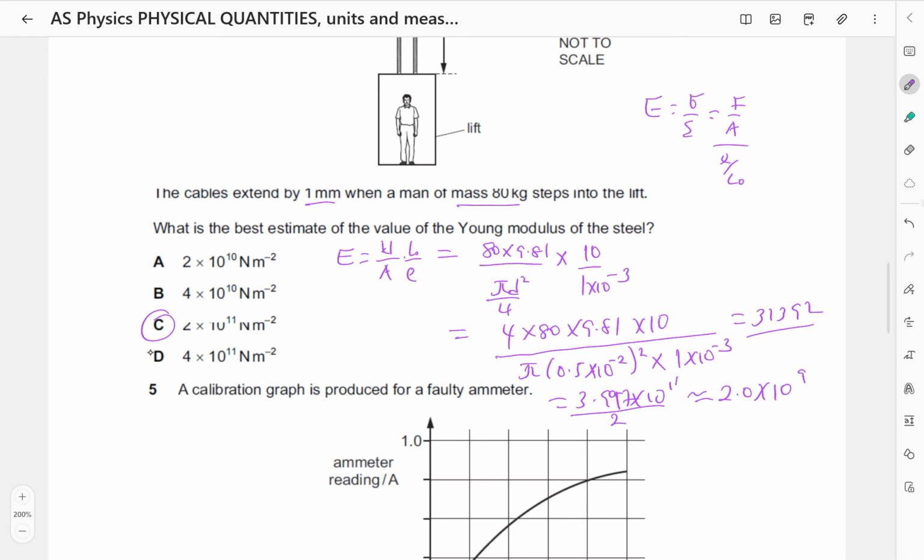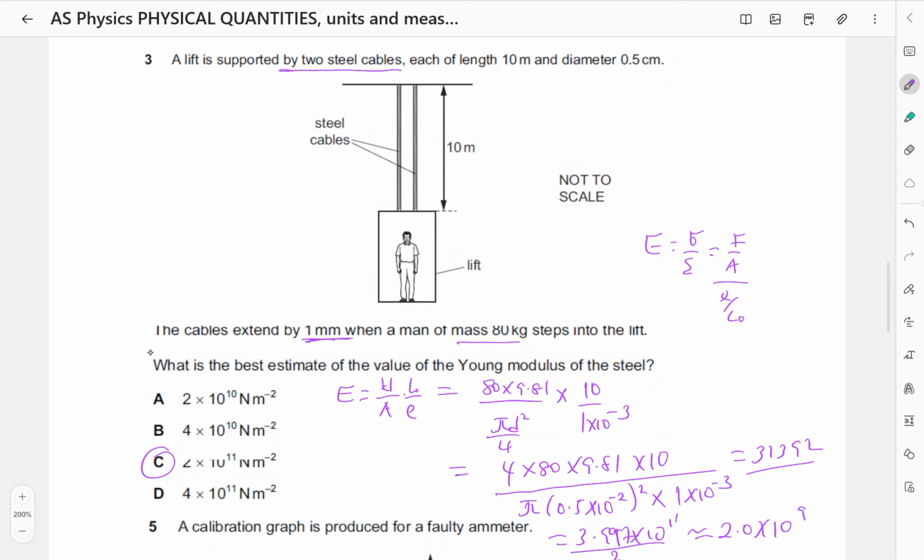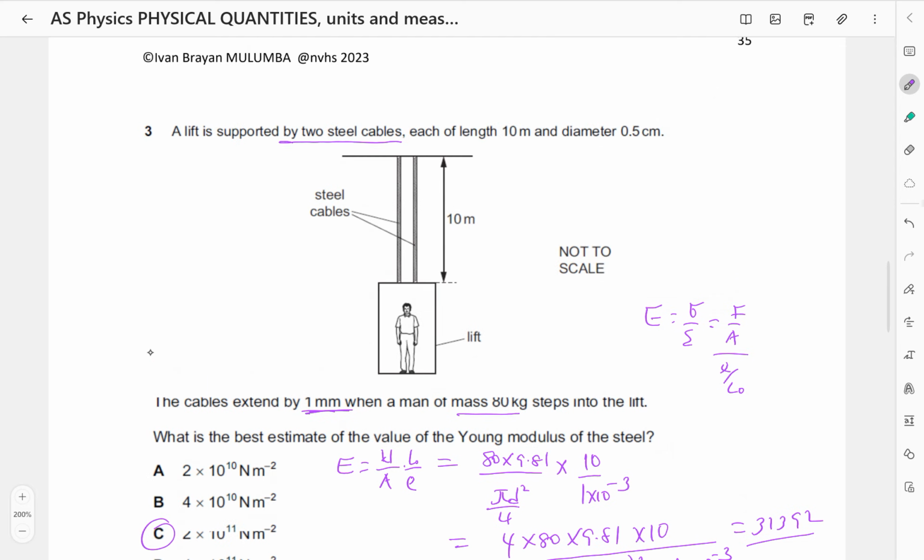Why do I divide by 2? Because the cable extends, the total extension is 1 millimeter when a man of mass 80 kilograms steps into the lift. It means if we were to use just one steel cable, the total extension will be 2 times 1 millimeter.